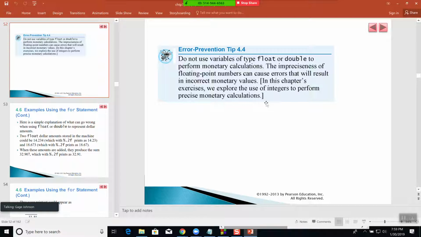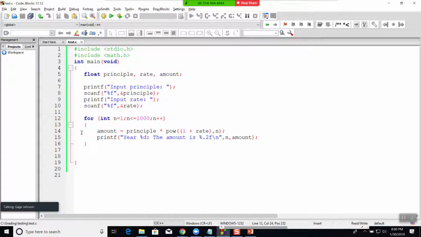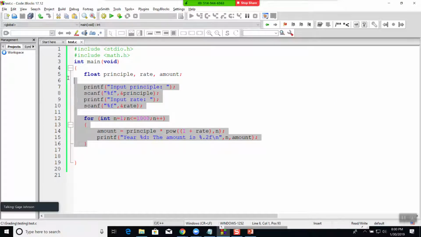You wouldn't have a period though with an integer. To use integers, I think would be kind of a challenge. I guess you could have separate variables for your dollars and cents, and then just print a period in between.